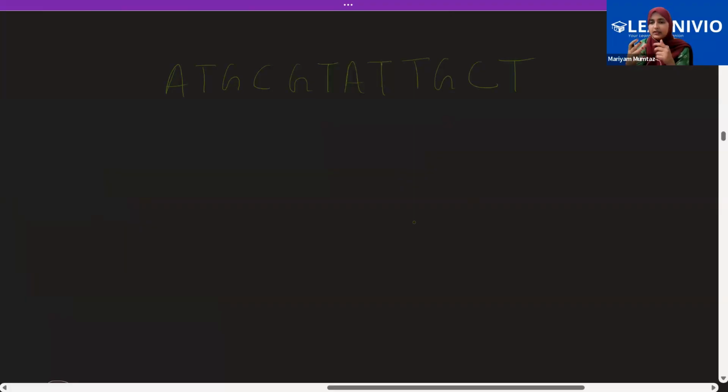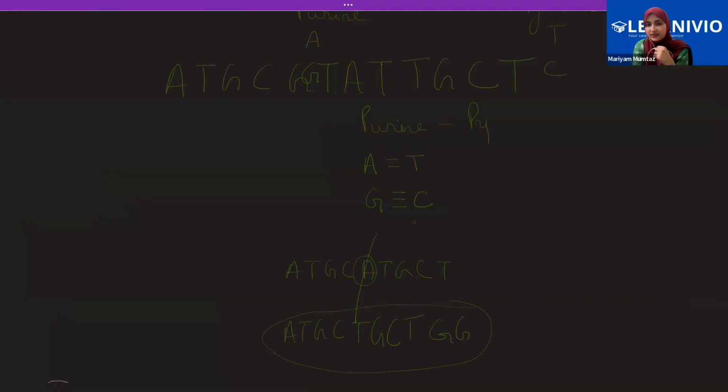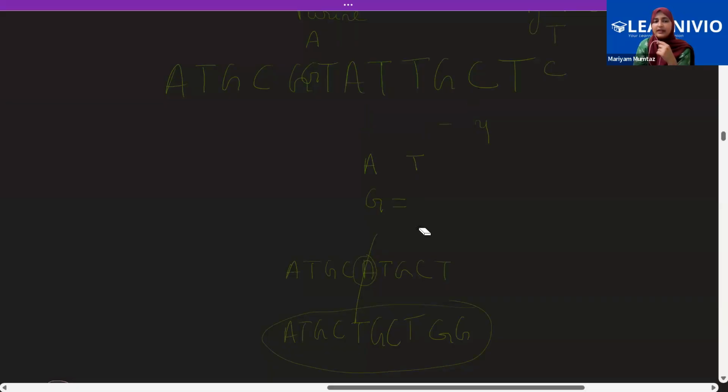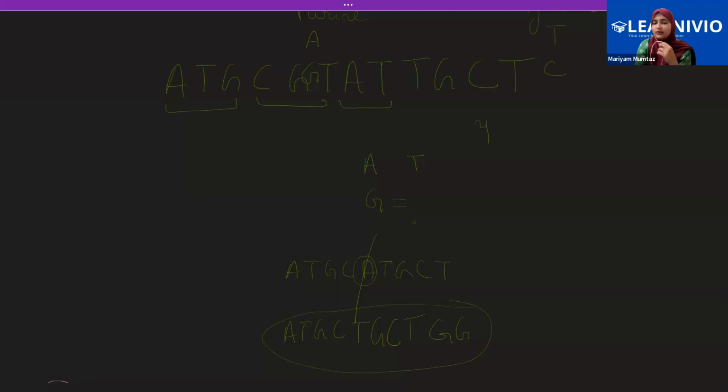In our body, like how a computer runs code, it reads the code. It is always read in triplet form, like this: ATG, then CGG, then TAT. If I remove this part, the reading frame will change.